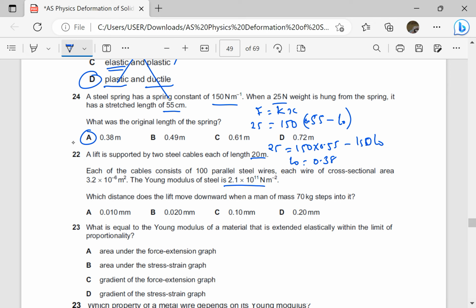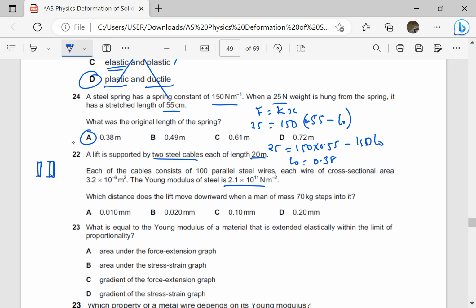Okay, so let's think carefully. A lift is supported by two steel cables, so it means we have two cables in parallel. And remember, when materials are in parallel, the total extension is half the extension which one material would have.